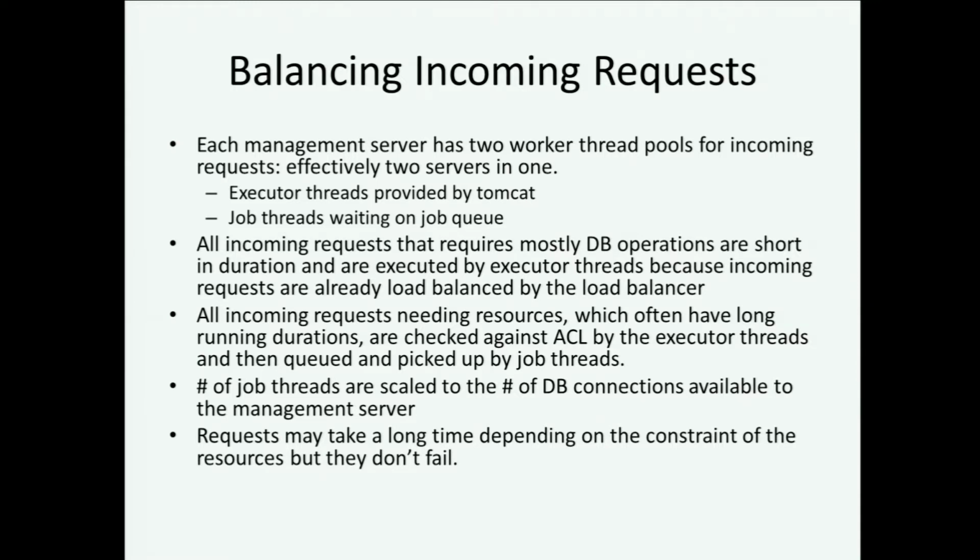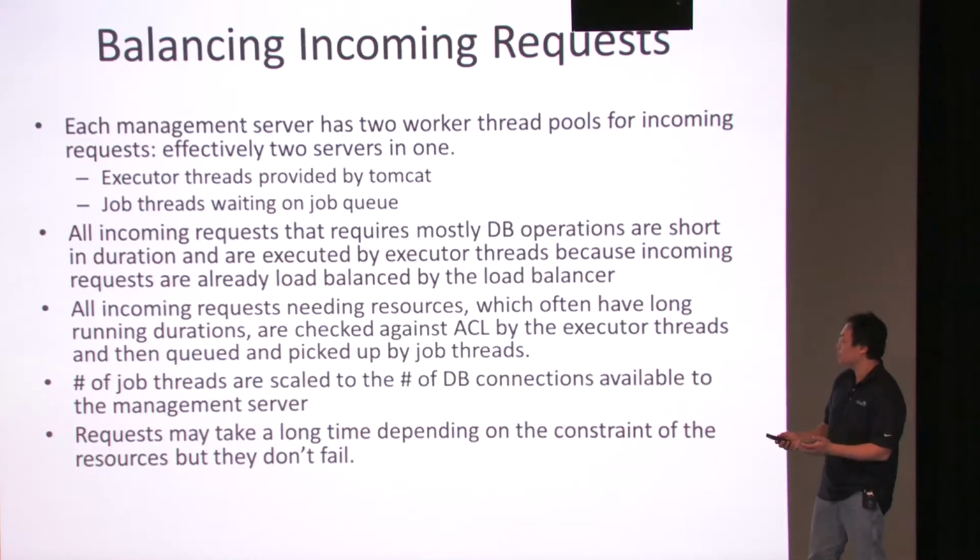And we don't reserve 1 DB connection per thread. The DB connections are returned back to the DB connection pool as soon as possible to maximize its use. We work out some numbers to make sure that with this many worker threads, normally, unless you see some exceptions, the system will not run out of DB connections.